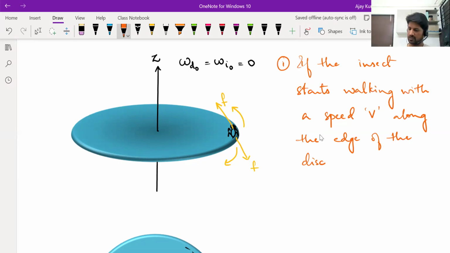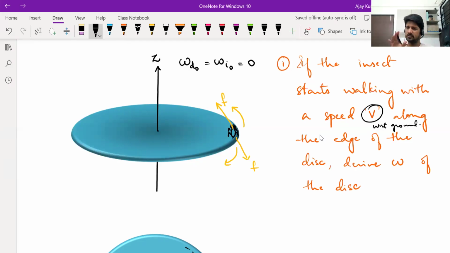What will happen? The disk will rotate. Derive the angular velocity of the disk. And this v that is given to you is with respect to ground. So as seen by another observer, the insect moves with a speed v. Then what is the rate of rotation of the disk? Do this, all of you.